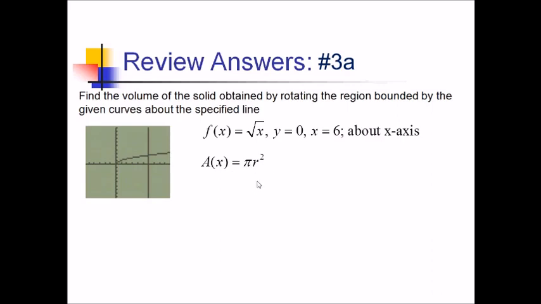We're just using circles. We don't need to use those donuts. And then the radius is just the distance from your axis of revolution to the other boundary, which is given by just the f of x function. This tells you how far above you are from the x-axis. So I'm just going to write this as pi times (f of x) squared.